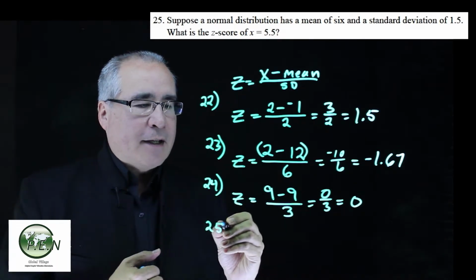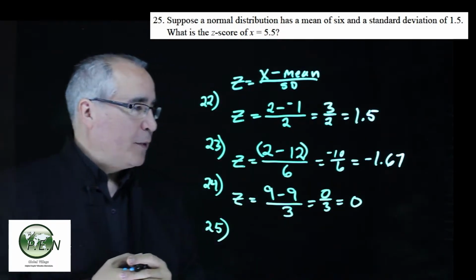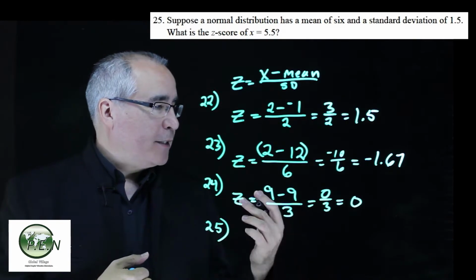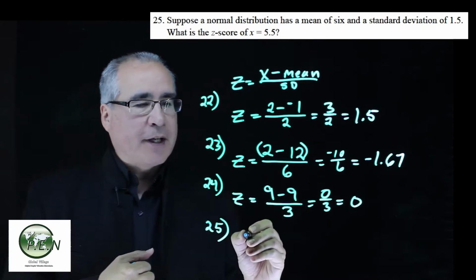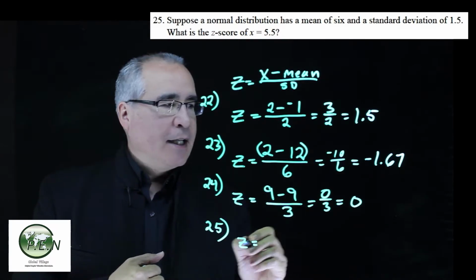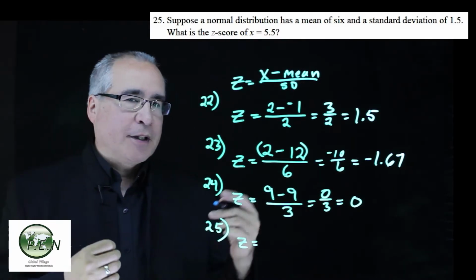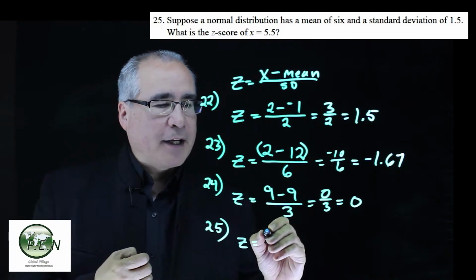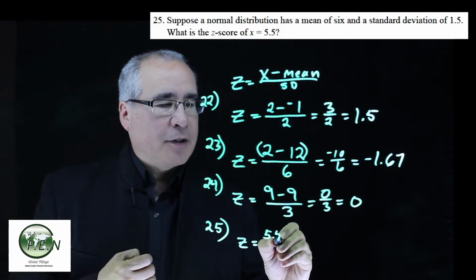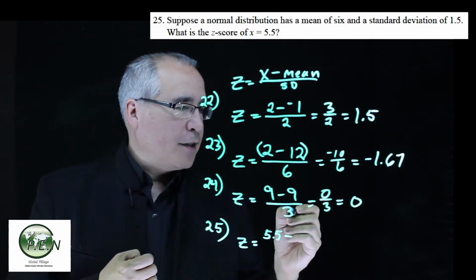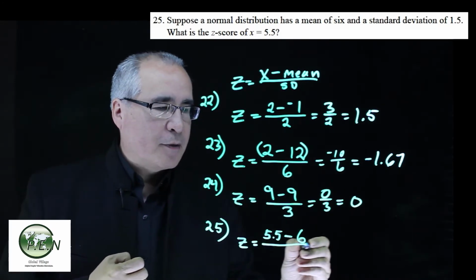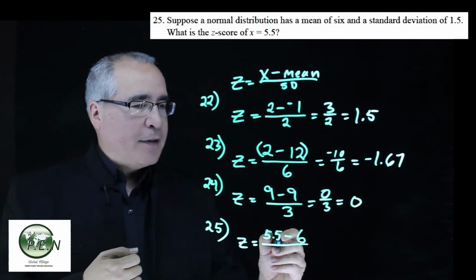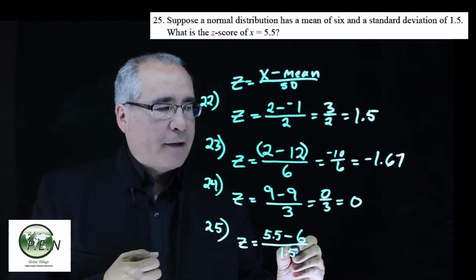For 25, what we have is we have a mean of 6 and a standard deviation of 1.5. So we're going z, and we want to know the z-score for some data value that is 5.5. So the data value goes first. We subtract off the mean, which they wrote out in letters, so that sometimes throws us off. And then we divide by the standard deviation of 1.5.